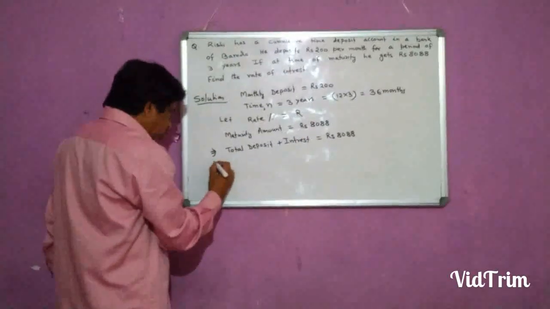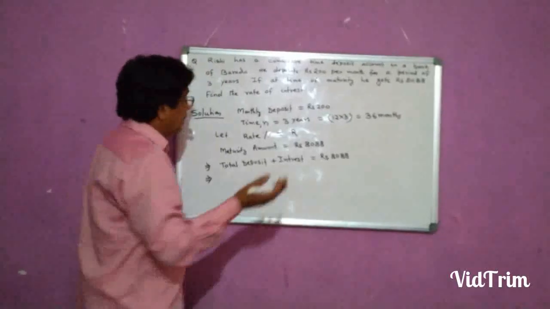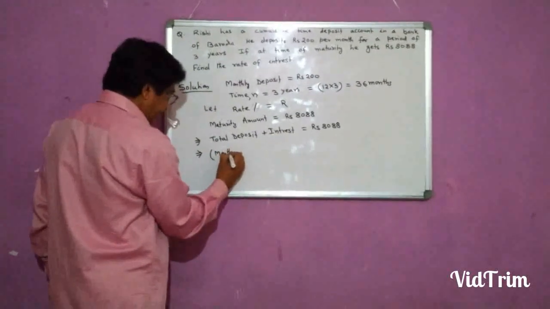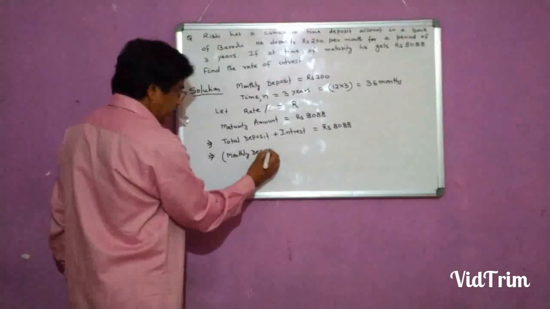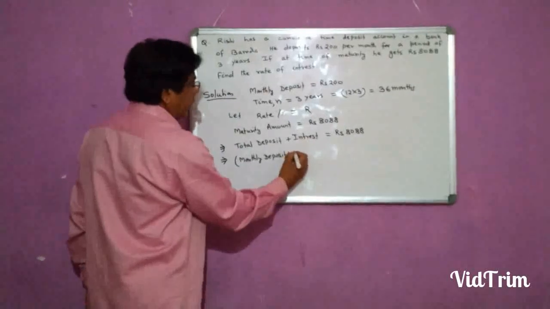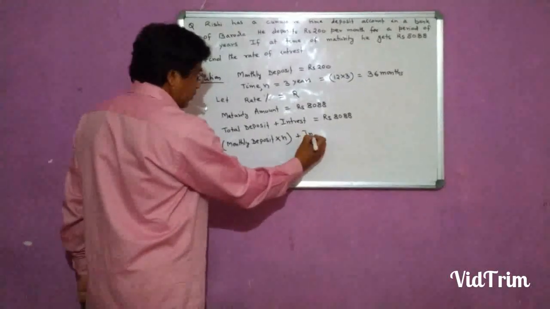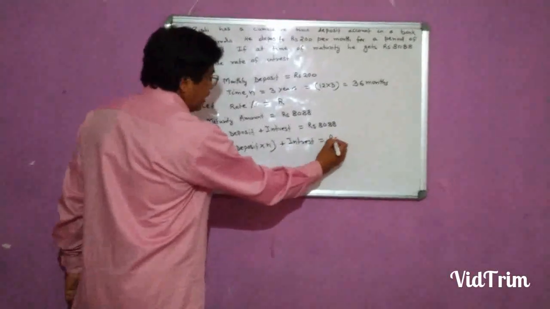What is the total deposit? We have discussed earlier how to find out the total deposit. That is your monthly deposit into N, plus interest is equal to rupees 8088.